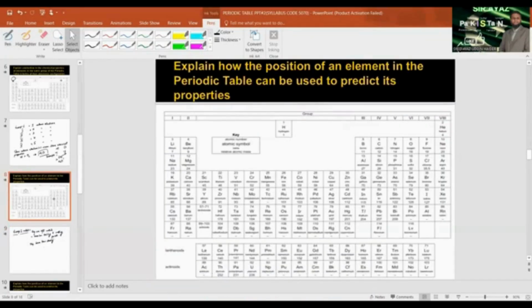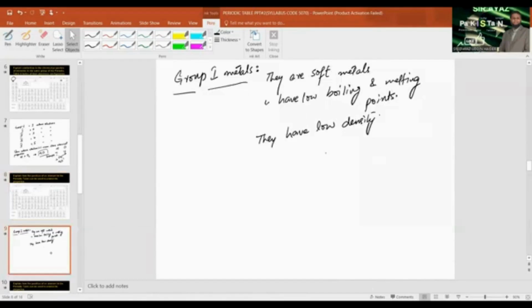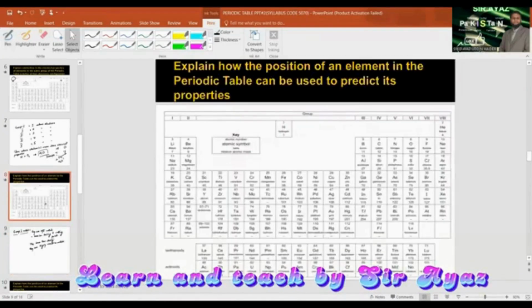Although there is a variation in the values for the melting point, boiling point, and density, they are also highly reactive metals. That is, when they are exposed to air, they will react with everything: oxygen, water, producing oxides, hydroxides, etc. In the same way, you can predict the properties of other elements if they are present in the same group.